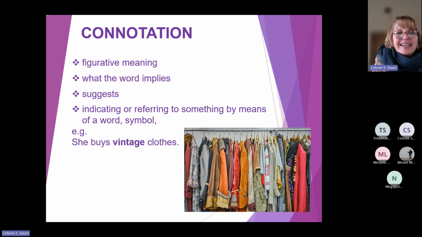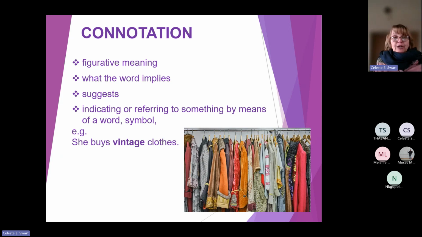Let's look at this one. She buys vintage clothes. Now, vintage clothes are clothes that people might have used years ago and it's fashionable again. And there's someone who sells these vintage clothes. When you speak of vintage clothes, it sounds much better than saying old clothes, second-hand clothes. So we say vintage.